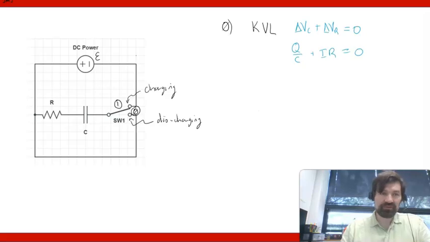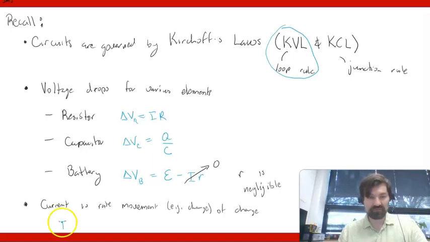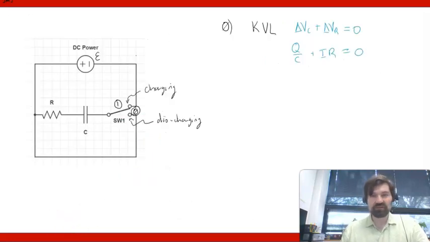Now, another thing that we might add to the recall is the relationship between charge and current. Current is the rate of movement of charge. Thus, we can write that I is defined as dq by dt. So this equation becomes Q over C plus R times dq by dt equals 0.